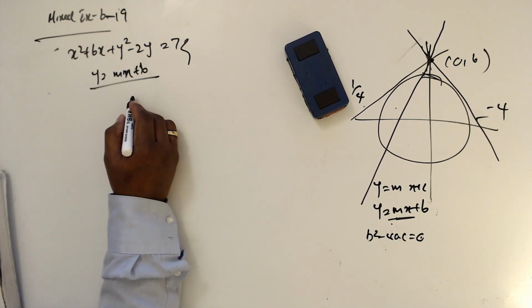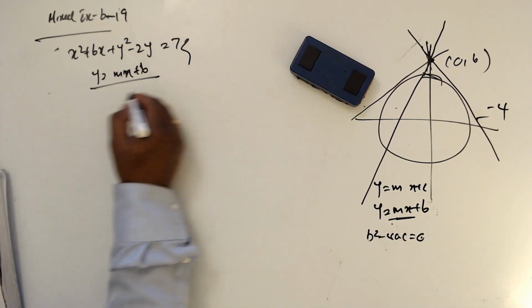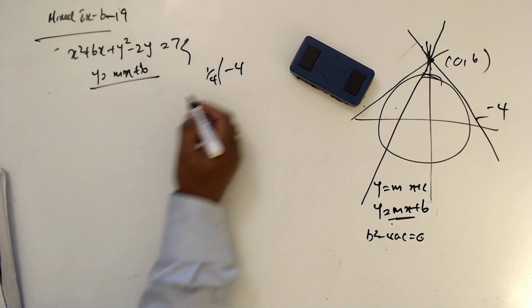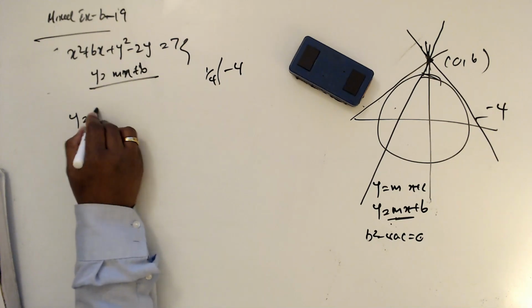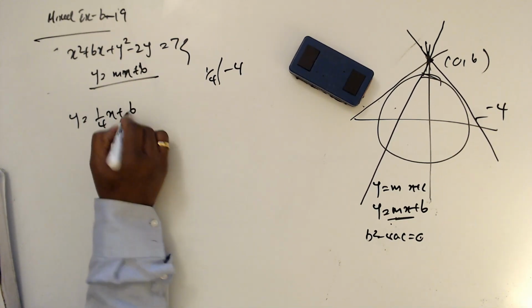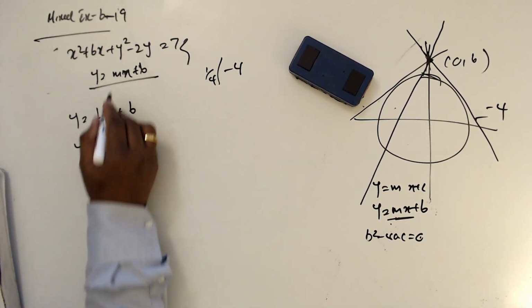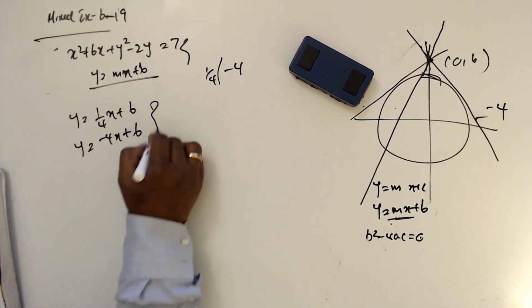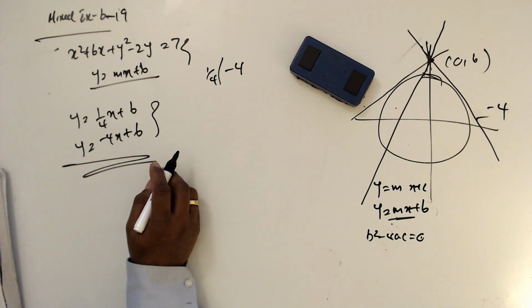We got one is 1 over 4, the other one is minus 4. So y equals 1 over 4 x plus 6. The other one is y equals minus 4x plus 6. So those are the two equations.